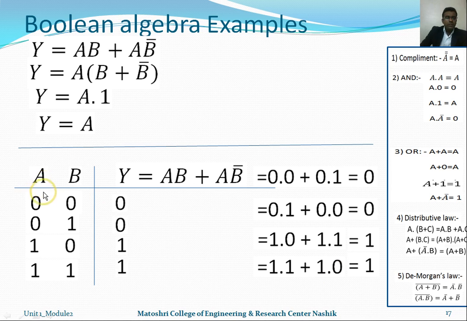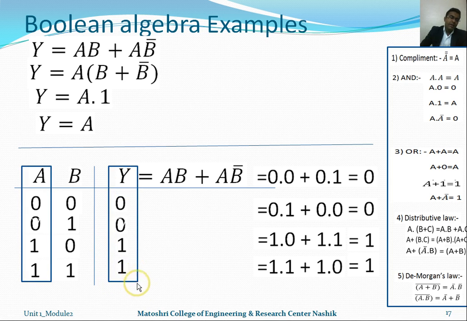Here, for all possibilities of A and B, the output is available, and you can clearly see that the output Y, 0 0 1 1, is exactly equal to the value of A. So after solving this complicated expression we get Y equals A. That indicates that irrespective of the possibility, your output is exactly the same as your input A. So that is the Boolean algebra simplification.